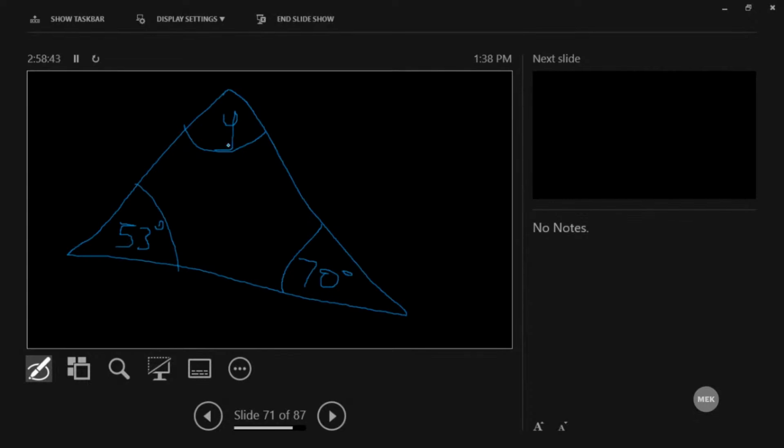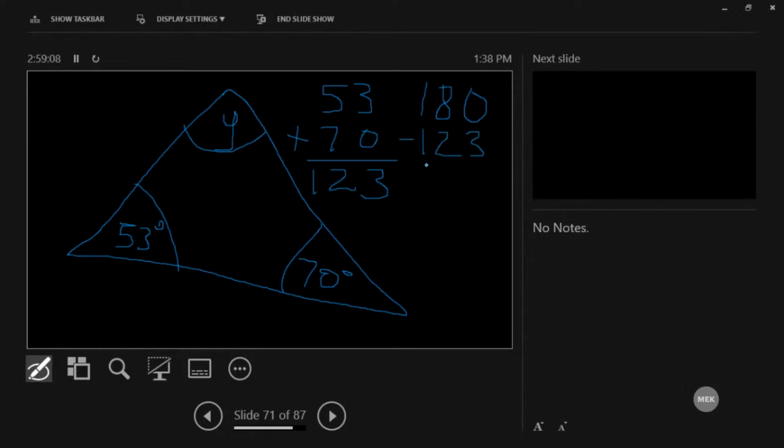We want to find the third angle. For this one, we add the two angles that we know already. So 53 plus the 70, that's 123 degrees, and we're going to subtract that from 180 degrees. And that is going to give us 57 degrees.